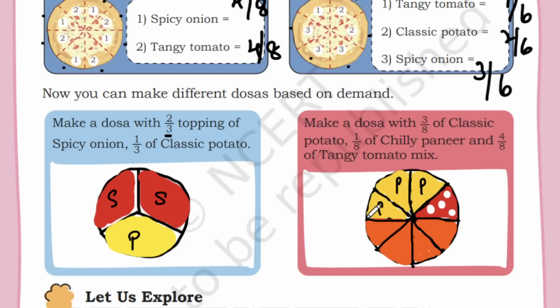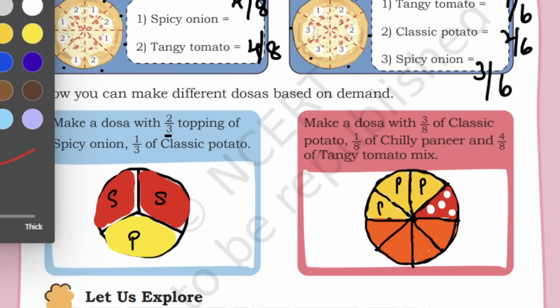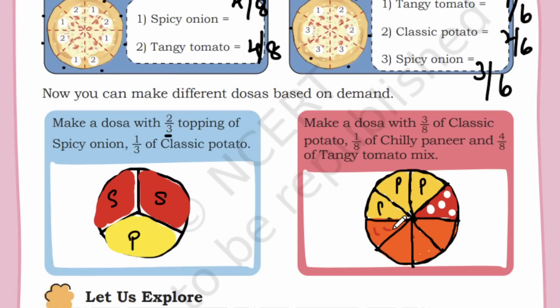Okay, 4 parts of tangy tomato. Okay, we'll put slits on the tomato also to show the tomato. So these are the tomatoes.